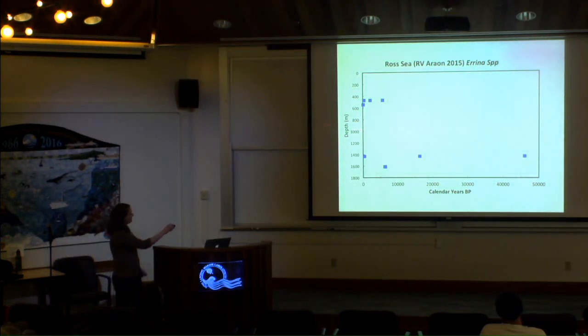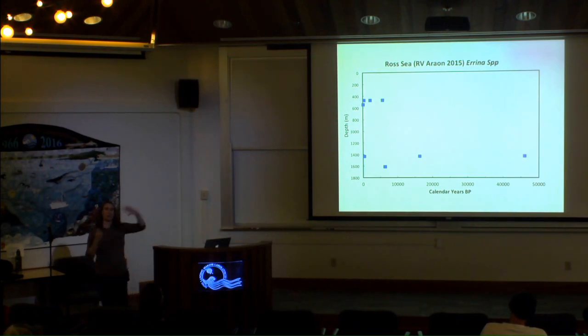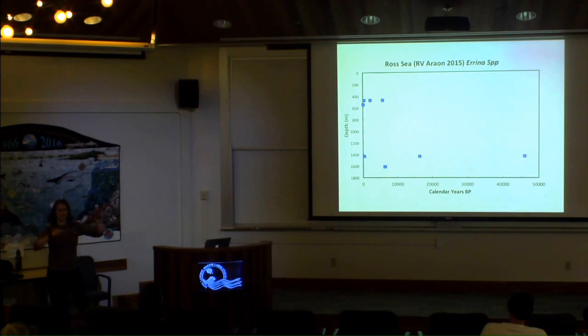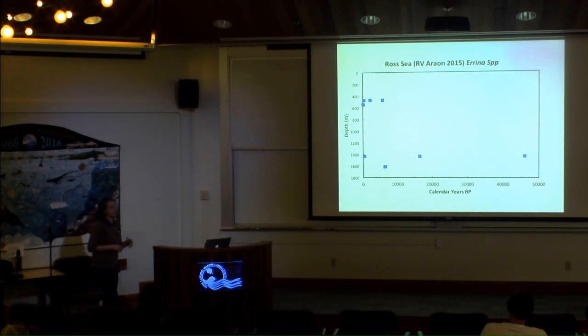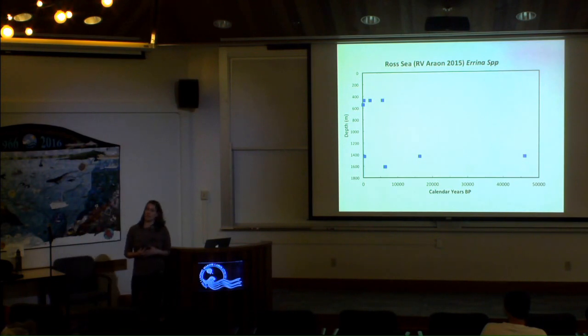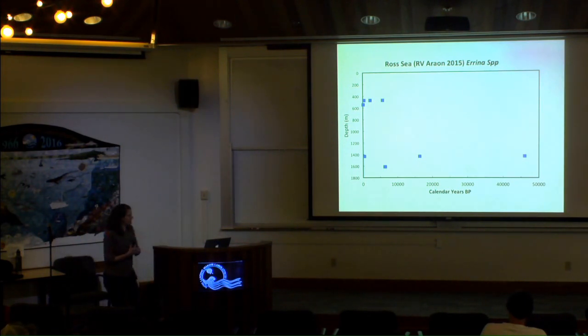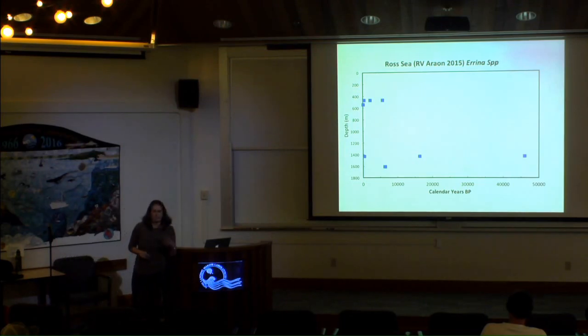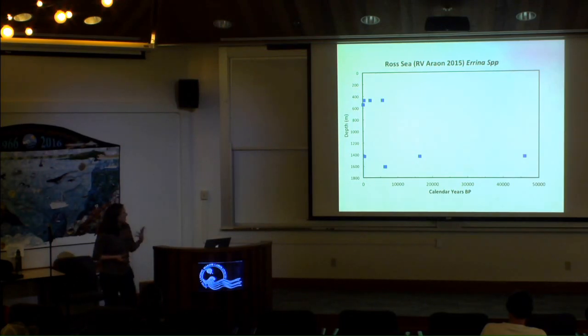All of these deep water ones, where the circumpolar deep water would be, have this really big age range. The plan is to do a lot of these same types of geochemistry to monitor some of the deep water circulation. The shallow water ones up on the shelf have all been consistently within a few thousand years. I think our oldest was around 5,000 or 6,000 years old, which is still pretty impressive.